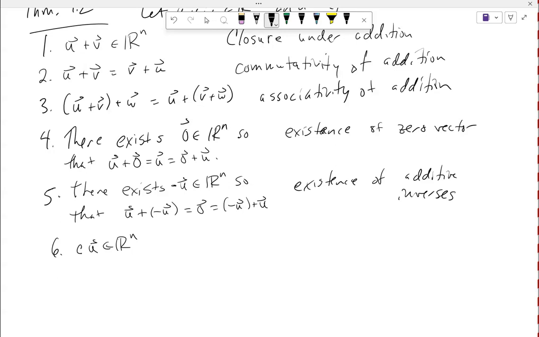This is just saying that my scalar multiplication is well defined. Remember that we're going to be working with what are referred to as real vector spaces, meaning that our scalars are real numbers. There are also complex vector spaces, in which case your scalars would be complex numbers.